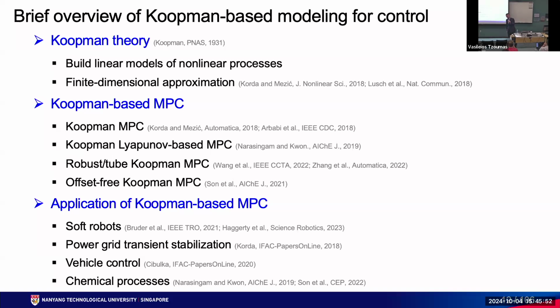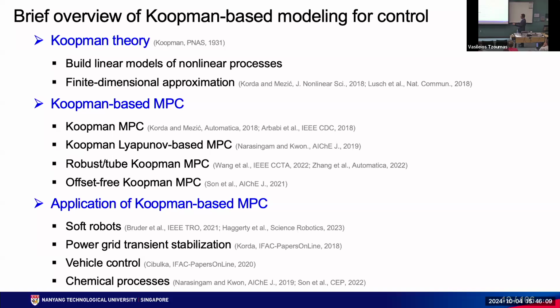Because of the beauty of the Koopman model, its simple structure brings some advantages to control and estimation design and implementation. Because it's linear, we are able to leverage linear control theory and techniques to address nonlinear control and estimation problems.